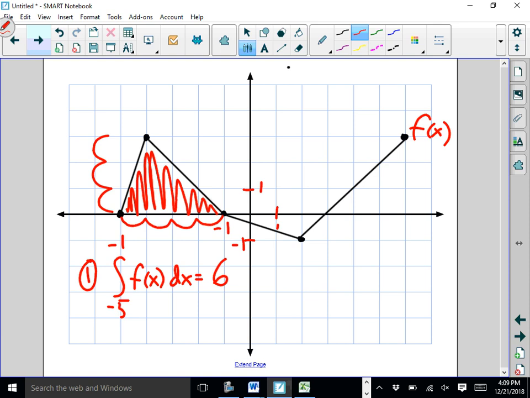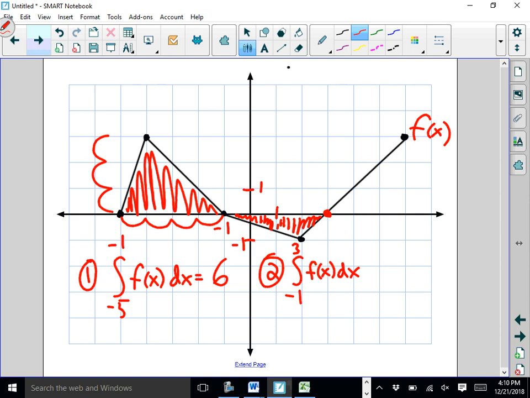What is the integral from -1 to 3 of f of x dx? Let's pretend that goes right through that point right there. Well, the integral from -1 to 3 would simply be the area between the curve and the x-axis, right there. Once again, it's another triangle.